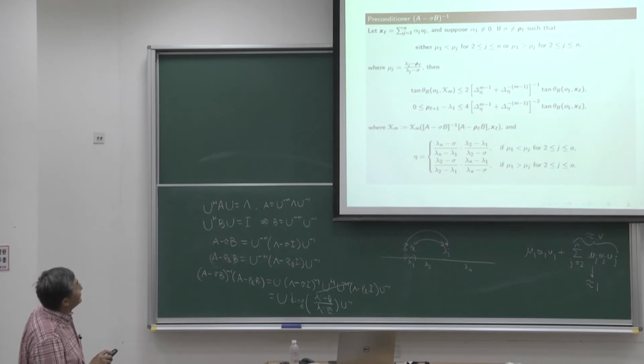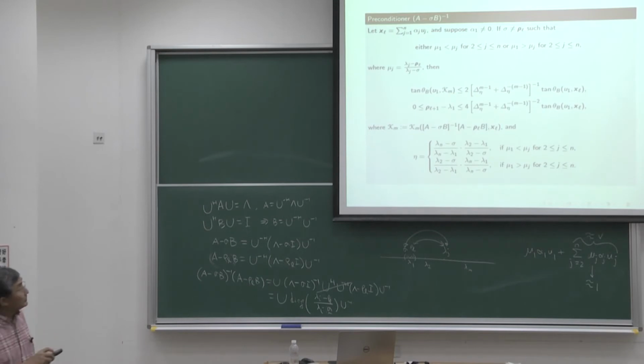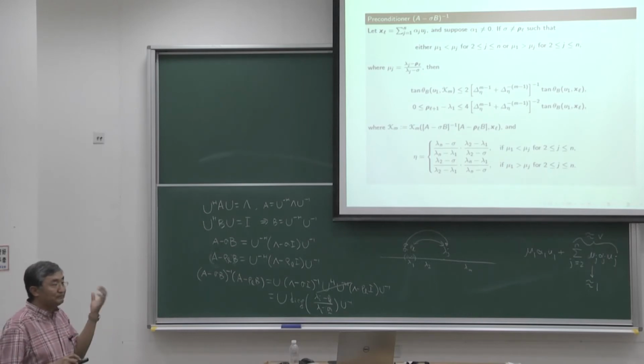And in such a way that mu1 is the smallest, or mu1 is the biggest. There are two possibilities depending on the shift. It can only happen that mu1 is the smallest or mu1 is the largest. If mu1 is in between, nothing works.